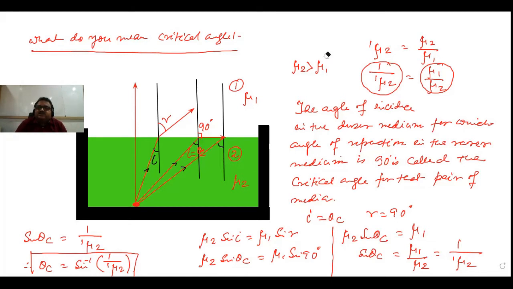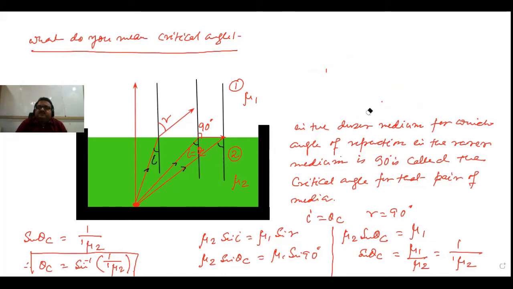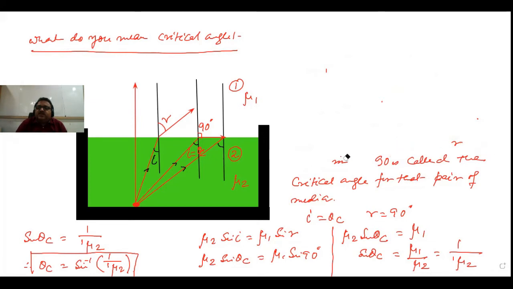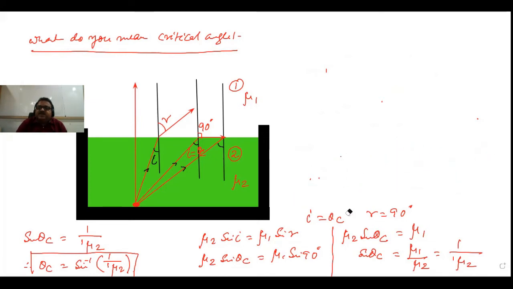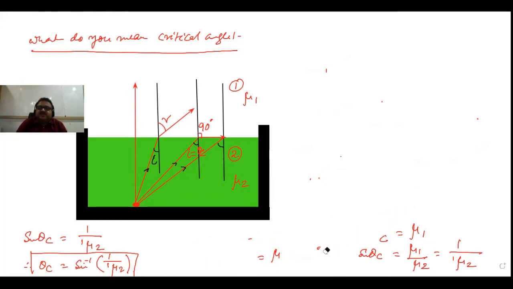So let me erase this, okay? For example, let us assume the denser medium in this case is, say for example, glass.